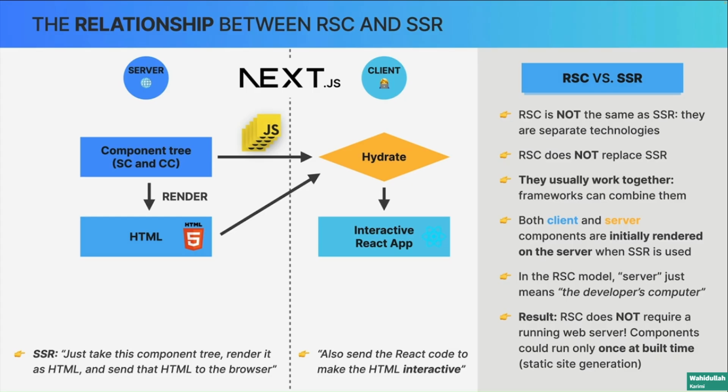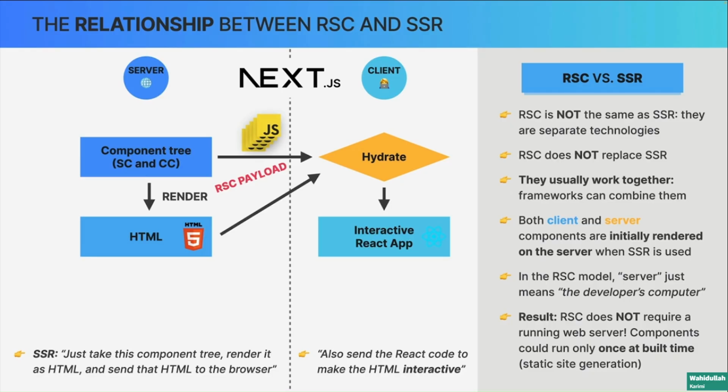Finally, as we learned in the previous lecture, rendering the server components produces the RSC payload, which contains not only the rendered server components, but also props that have been passed from server to client components, plus for each client component, the URL that corresponds to one of the chunks that we just talked about.